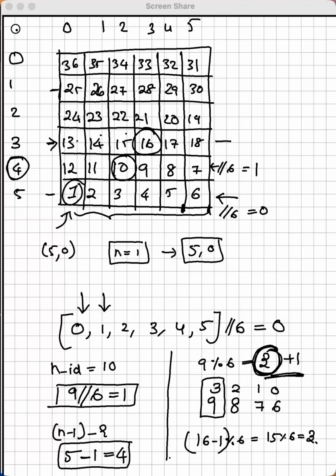If you're on a row which is going from left to right, you can directly go to the fourth place. Otherwise, let me simplify this. Let's say you got the position 0, which means the 0th column.